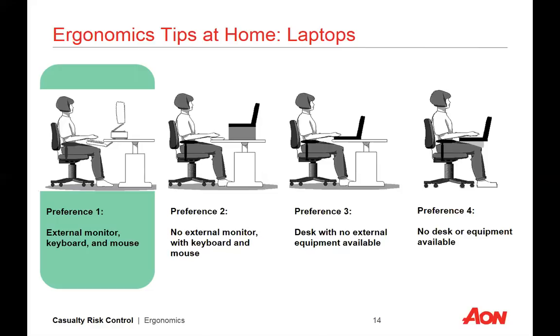So if you have all three of those pieces of equipment that can plug into your laptop and be set up in whatever way you would like, you're going to be pretty close to what you probably can achieve in an office environment. So be thinking about what kind of external equipment you can make available for yourself so that you can be as close as possible to the ideal setup.